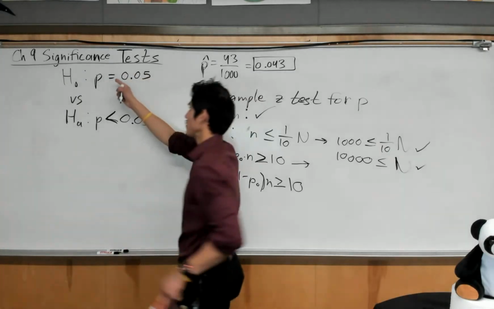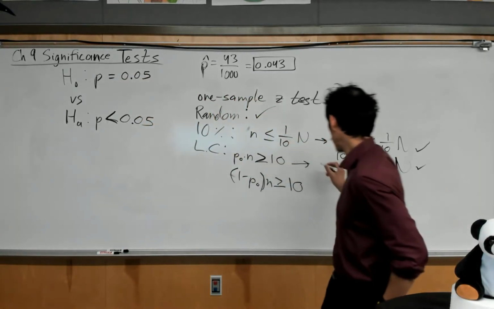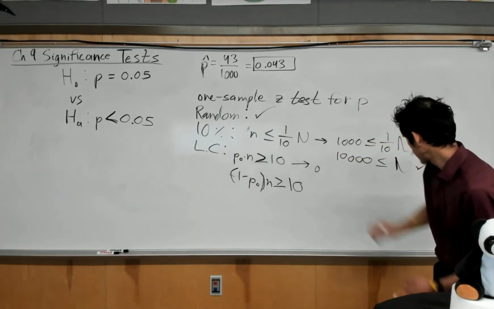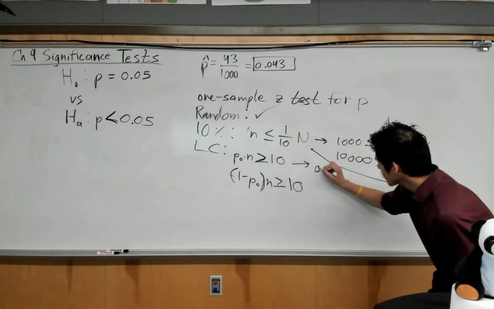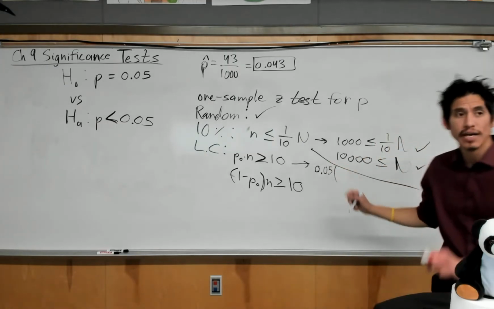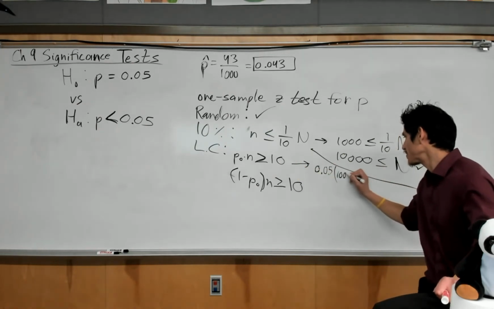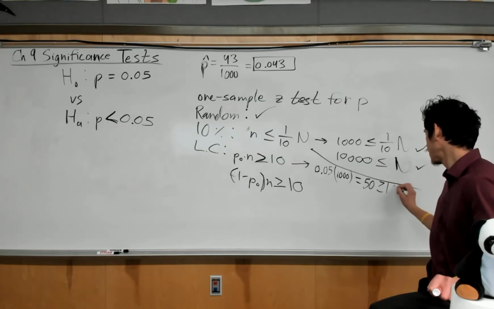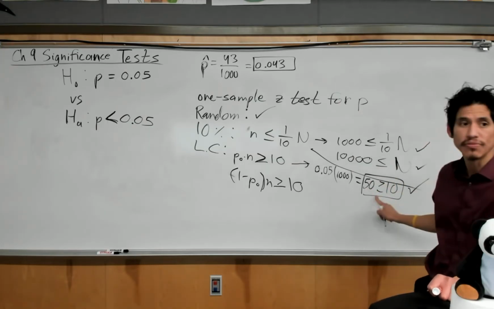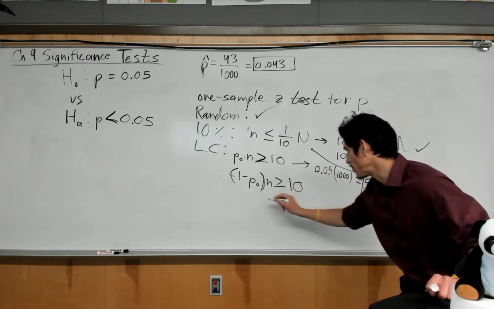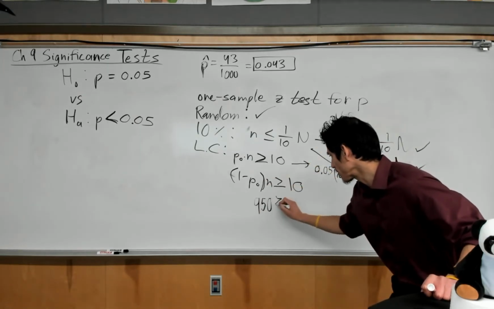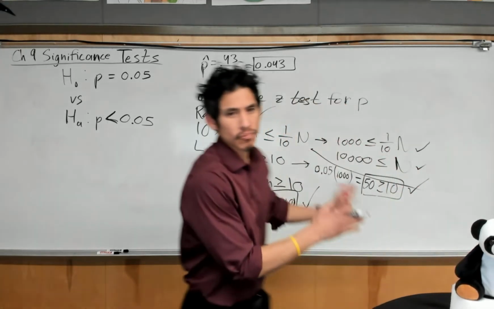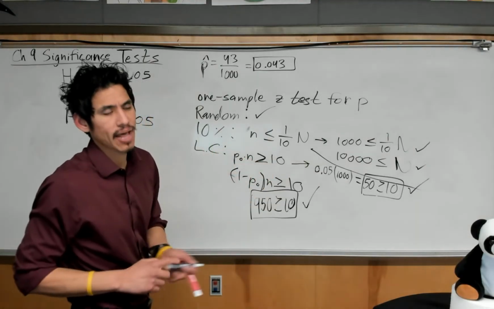Our P naught, our null hypothesis proportion, is 0.05. So 0.05 times 1,000. Is that at least 10? Yes, because that's 50, and 50 is at least 10, so we're good. If this is 50, that means this is going to be 950, because they have to add up to 1,000. I'm rushing and being messy in that part, because that part's not too important.